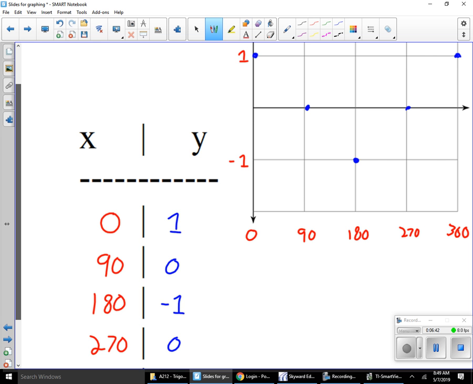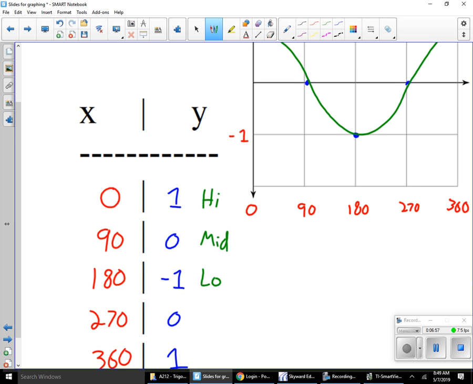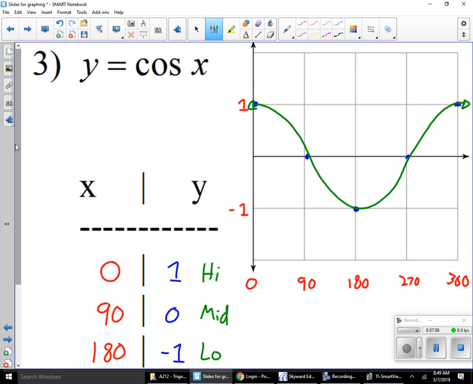So cosine has all the same numbers, they just show up in a different order. Cosine starts high, then goes middle, then goes low, back to middle, and back high. So there we have our two parent graphs, our sine graph and our cosine graph.